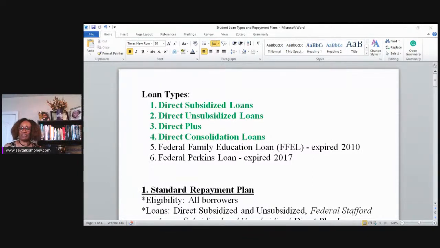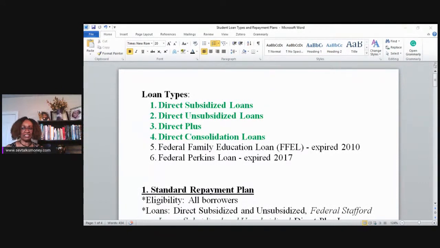So I'm going to start off by talking about the loan types. Now, direct subsidized loans are only issued to students with financial need, and that's only undergrads. So students with financial need in undergraduate programs qualify for the direct subsidized loans.